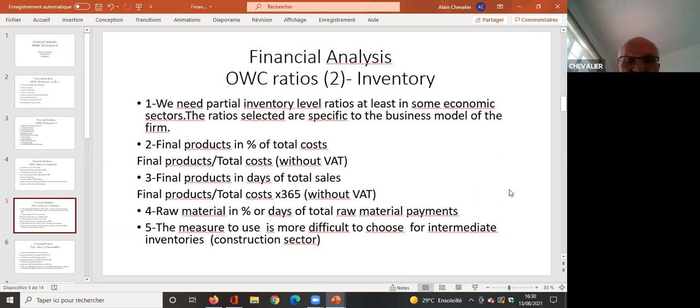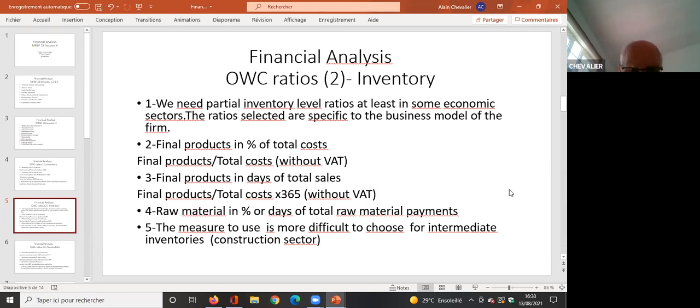I give you a few elements here from 2 to 4, and after that, these partial inventory measures have to be adapted, found, designed for each specific industry. This is what we have.